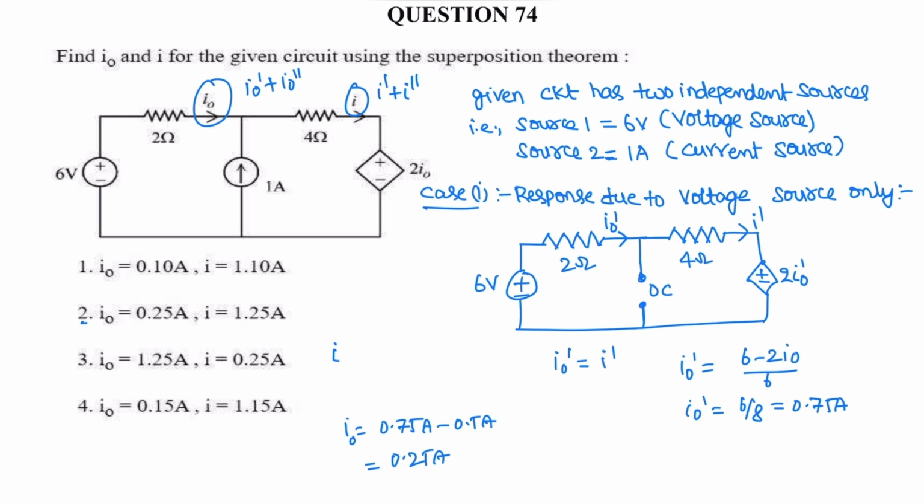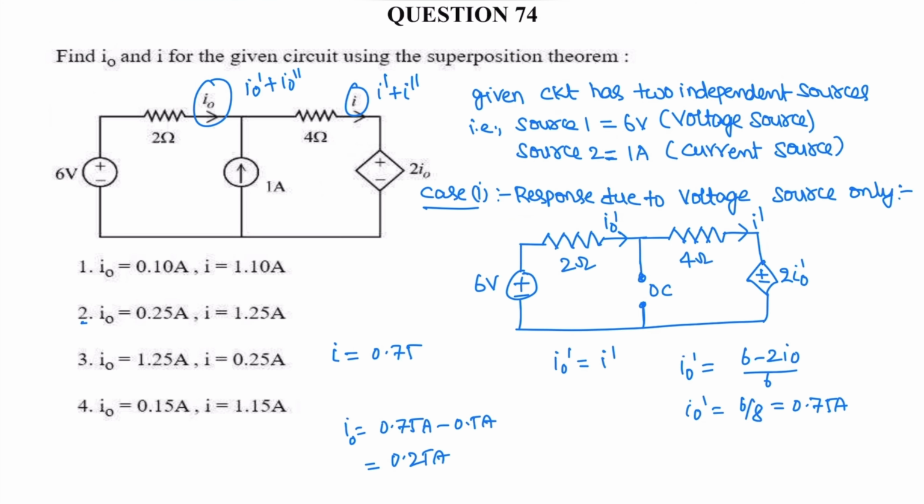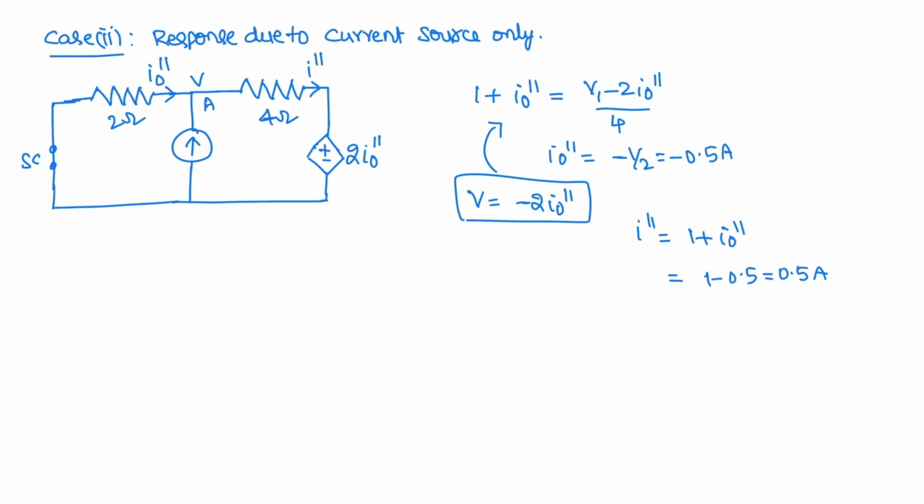Similarly, the total current I is 0.75 plus 0.5, that is 1.25 ampere. So I naught is 0.25 ampere and I is 1.25 ampere. So the correct option is 2.